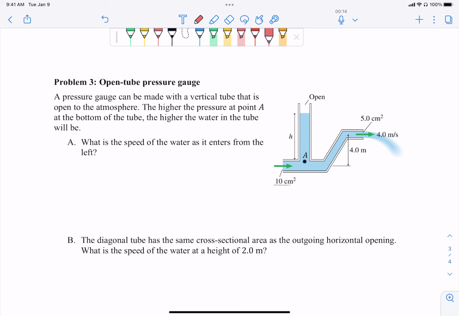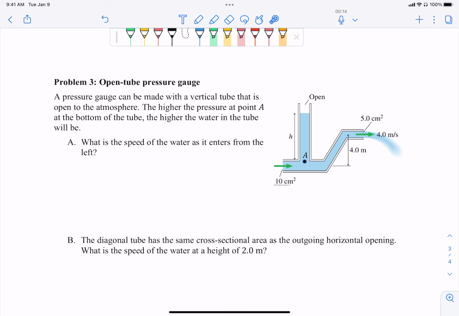Okay, so part A is asking us, what is the speed of the water as it enters from the left? They've given us that the cross-sectional area entering to the left is 10 centimeters squared.